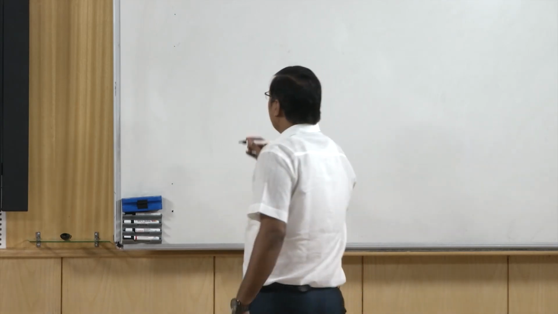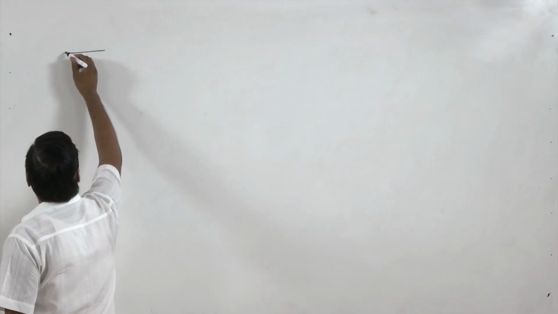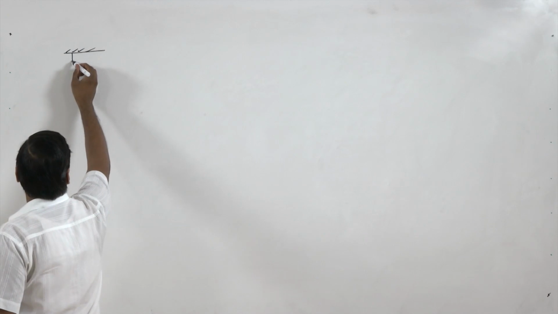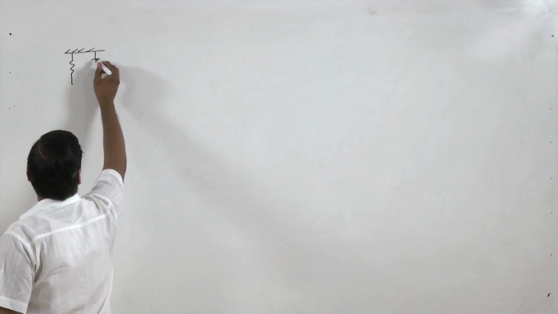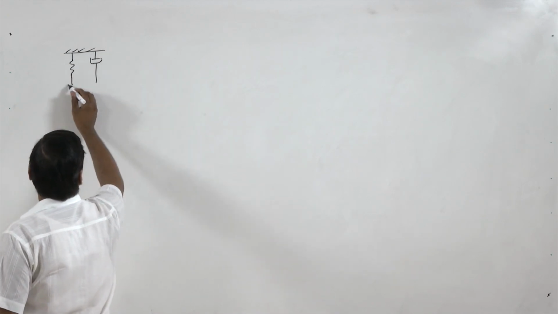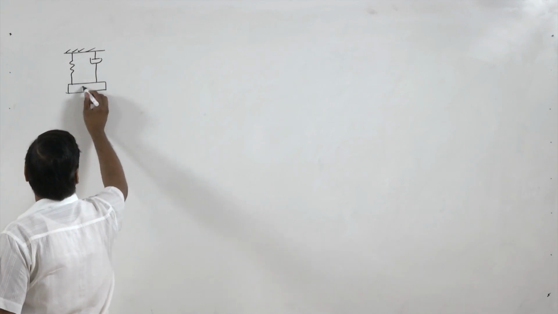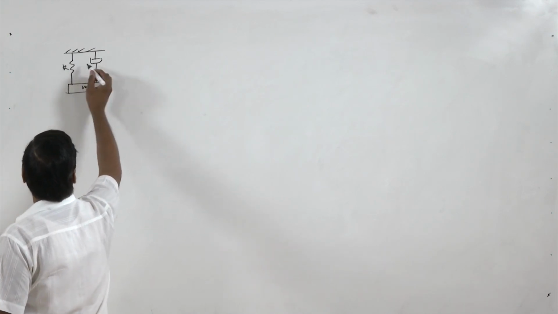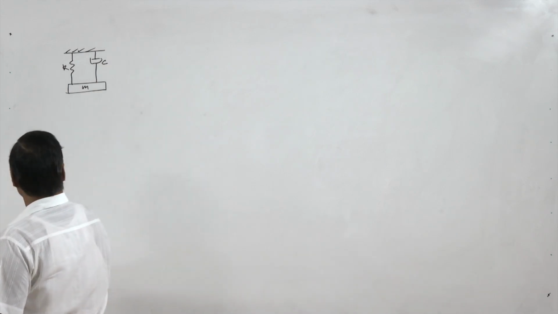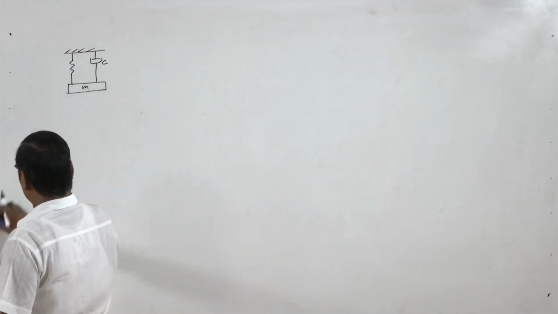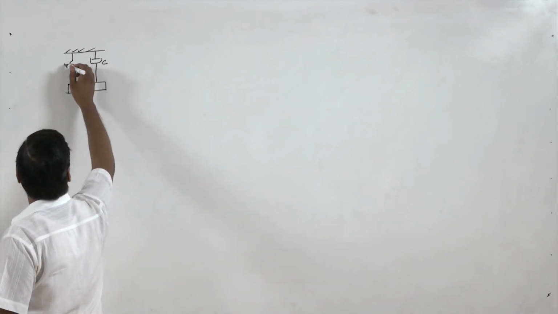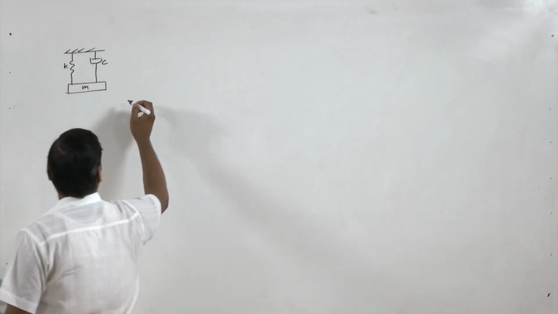So, we take the single degree of freedom system. This is the system having the spring, damper, and this is the mass.